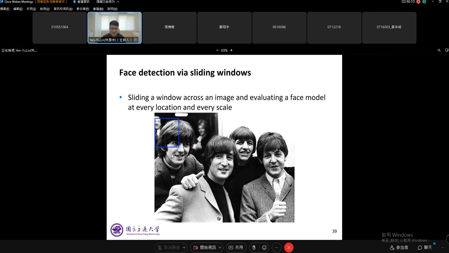If we want to detect a large face or a small face, we need to enlarge the window, and we need to shrink the size of this window to detect small faces. So as you can see, detecting faces in the image is reduced to numerous binary classification problems. We slide a window across an image and evaluate a face detector or binary classifier at every location and every scale.